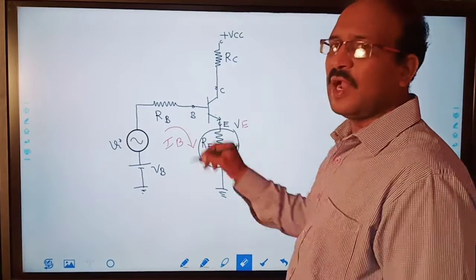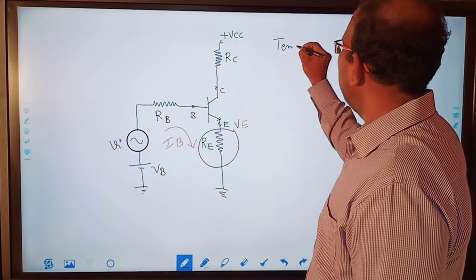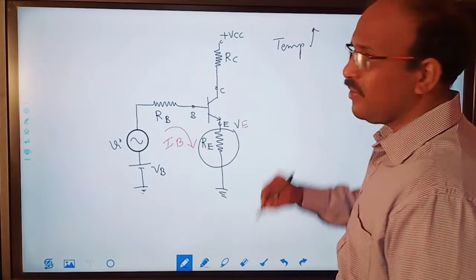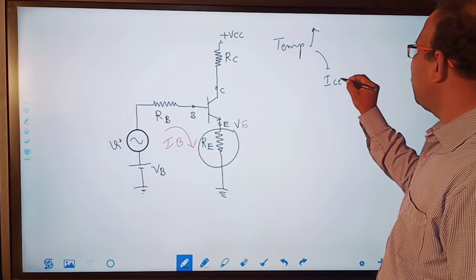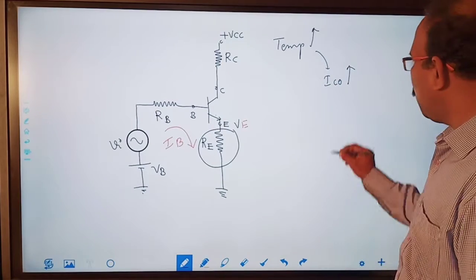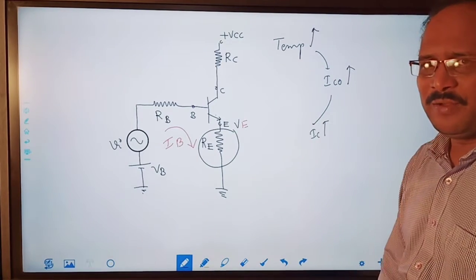Again I will start the cycle. As you know, this is temperature. If temperature increases, what about ICO? Yes, ICO will increase. What about IC? Yes, IC is going to increase temporarily.